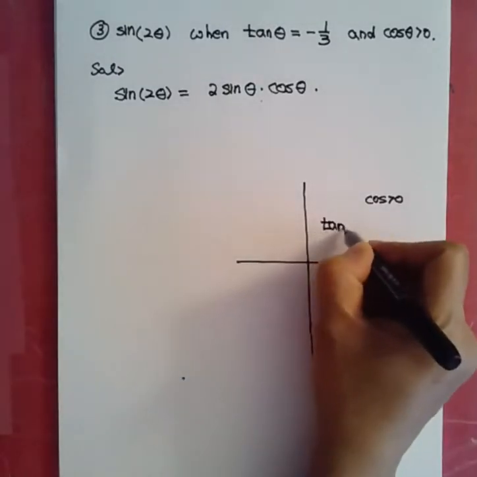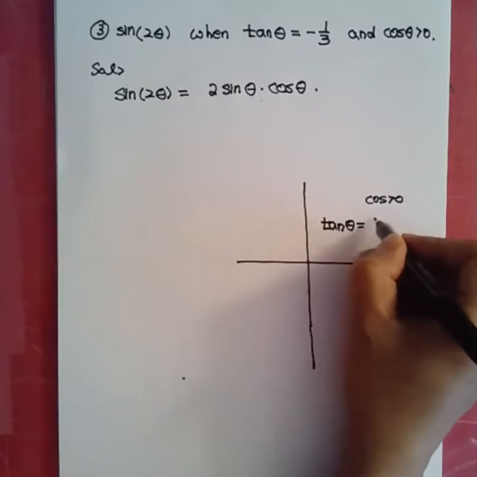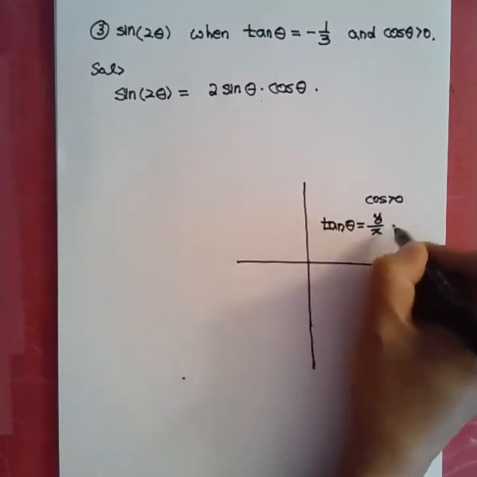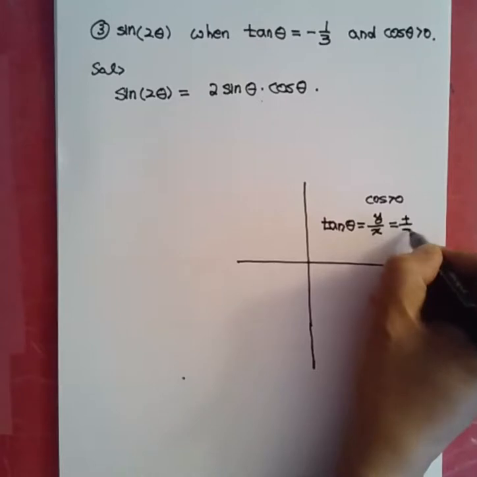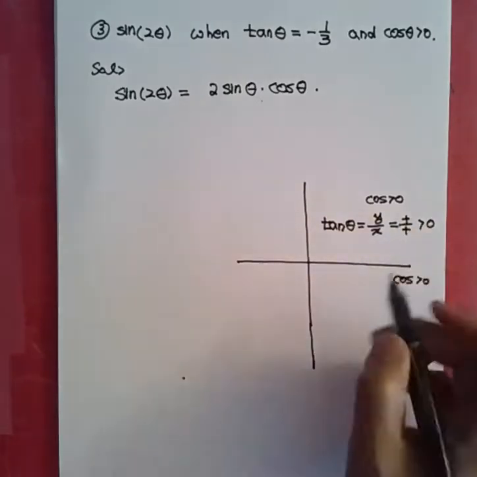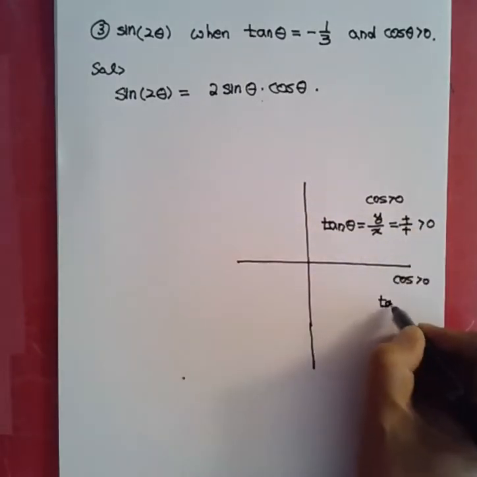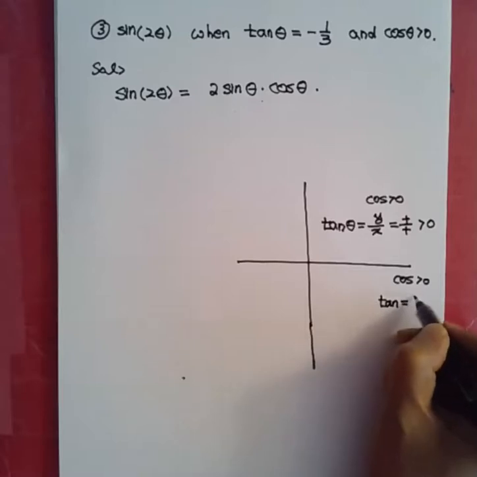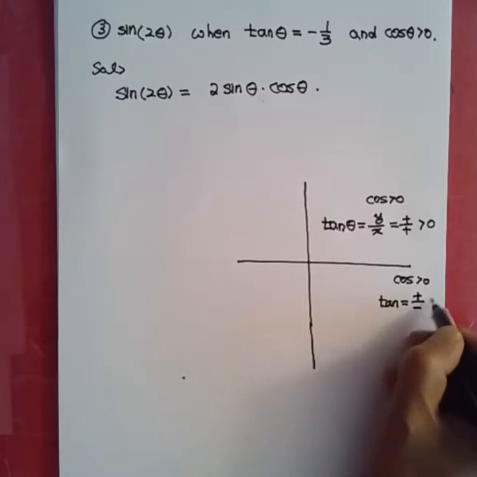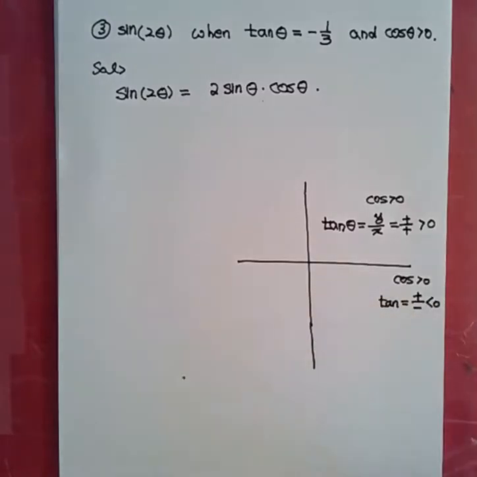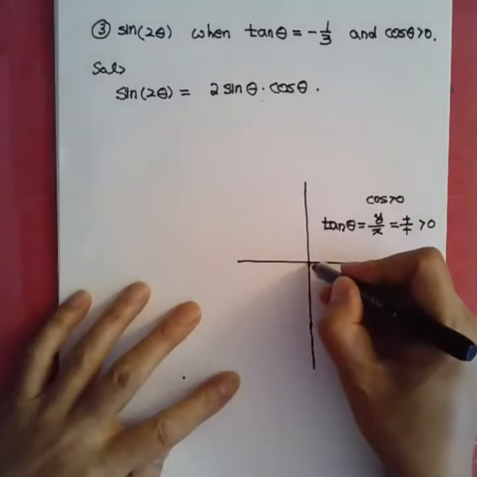Tangent, which is defined as y over x, is positive in the first quadrant. Tangent in the fourth quadrant, where x is positive and y is negative, is negative. That indicates that theta belongs to the fourth quadrant.